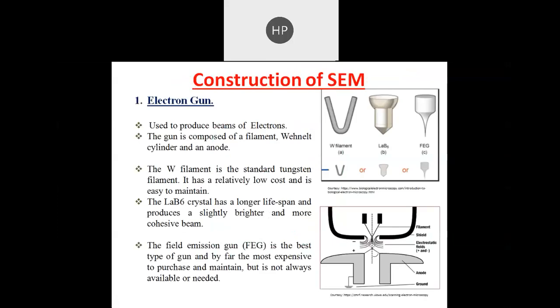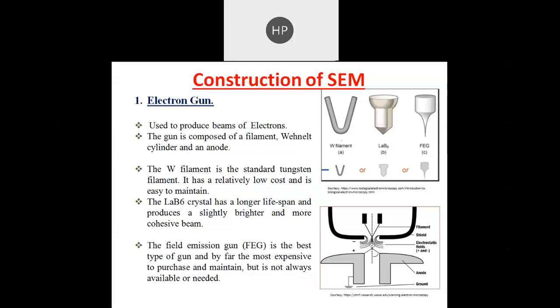Generally the electron guns are used to produce electrons, and to produce those electrons various filaments are used. The filament used is generally tungsten filament, there are lanthanum hexaboride, and in some cases it will be FEG, field emission gun.